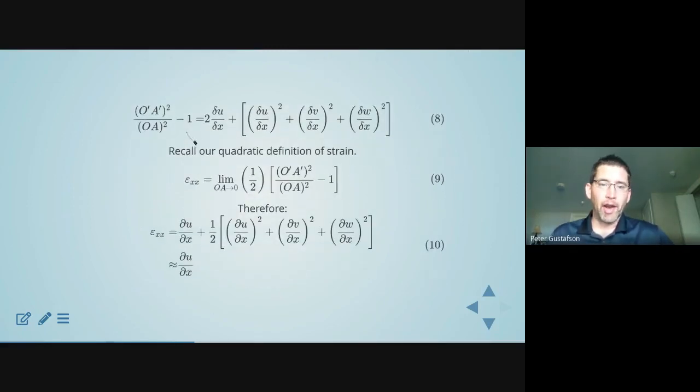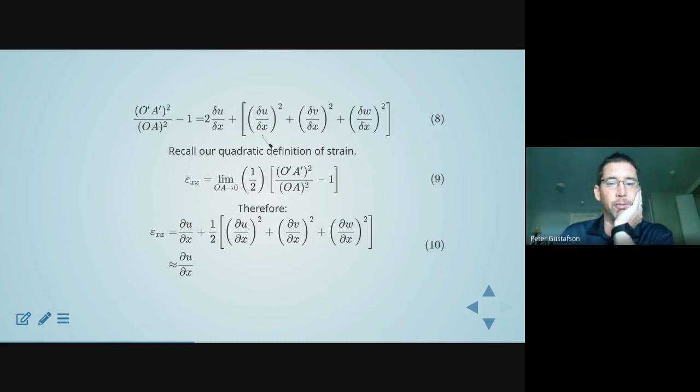So this is the dot product O prime A prime over the dot product OA, so that's length squared, new length over old length, minus 1 is equal to 2 du/dx plus (du/dx) squared plus (dv/dx) squared plus (dw/dx) squared.